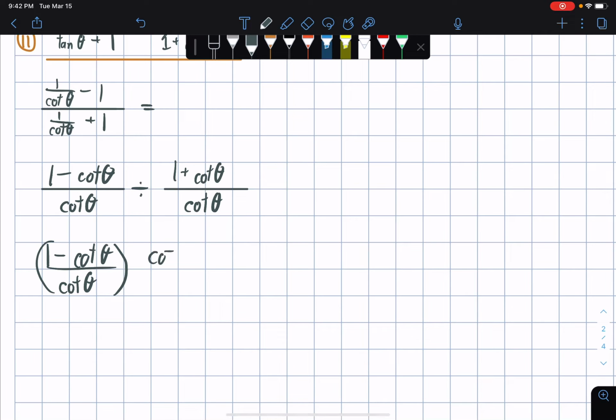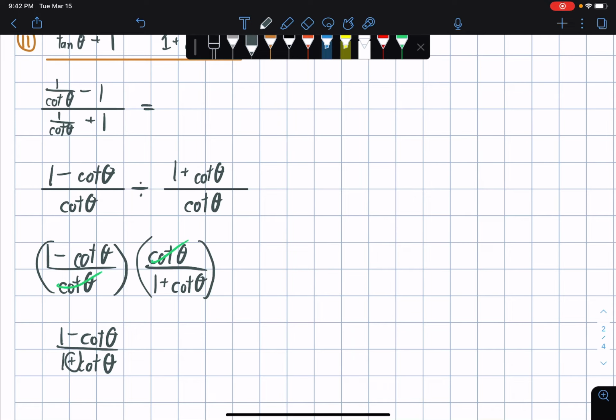So we arrive with a solution like this and cancel like terms. We get something like this. The add sign is at the denominator and subtract sign is at the numerator.